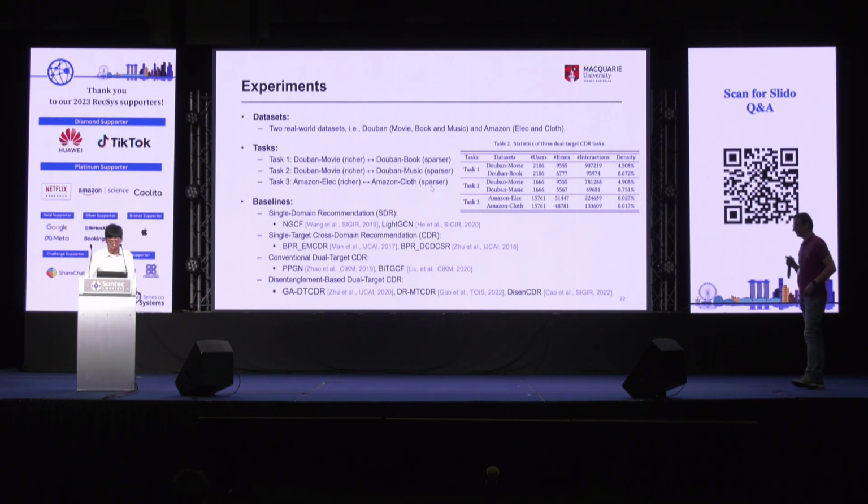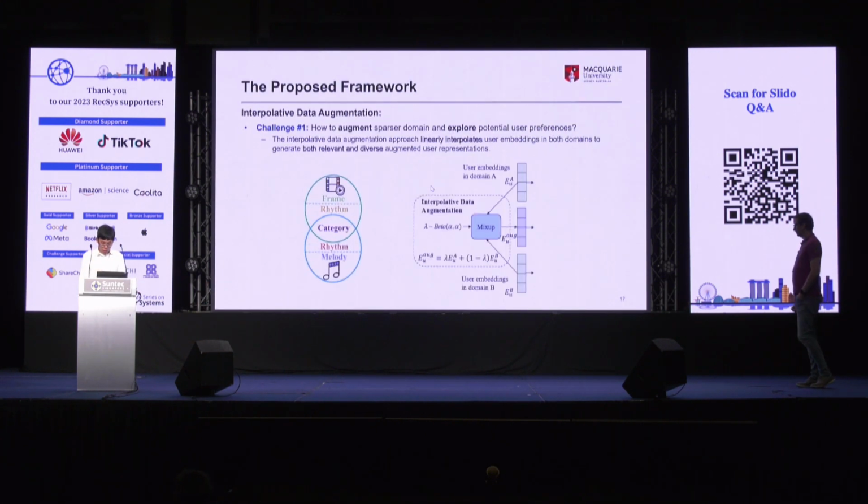Thank you, it's a really good question. Let's come back to our related work. The conventional dual-target CDR methods just fuse all of the user preferences together and use the transfer layer to get the final embedding.